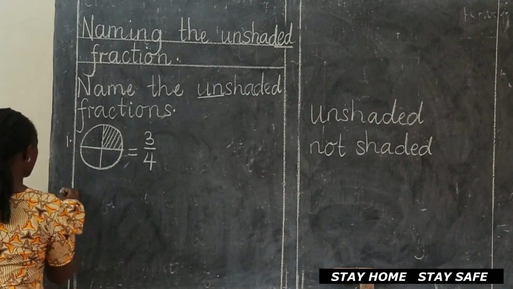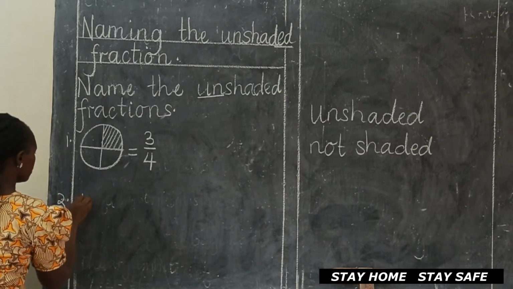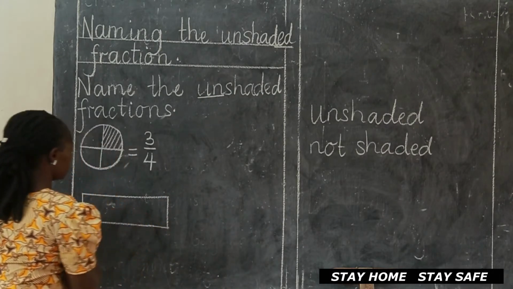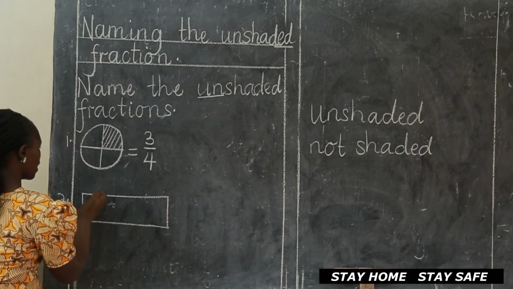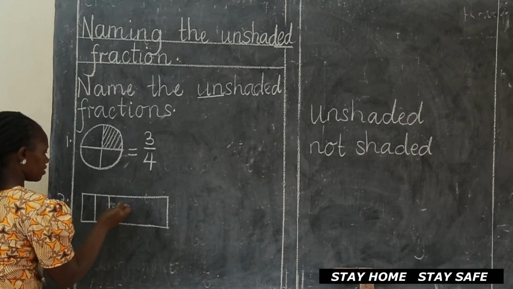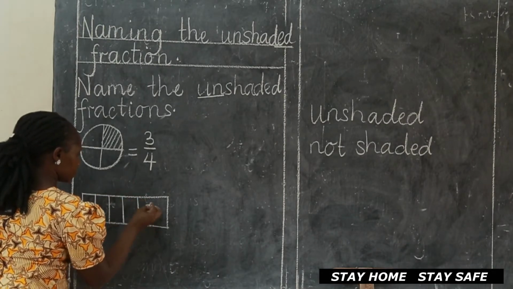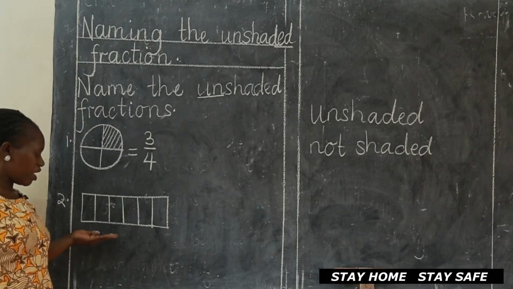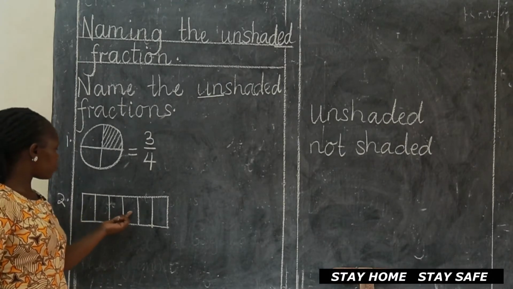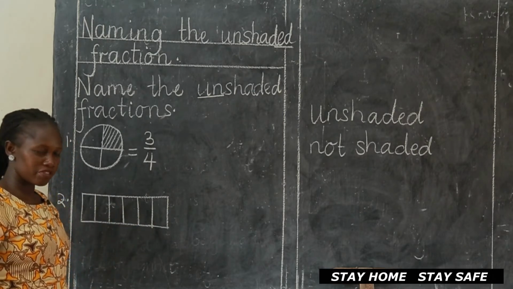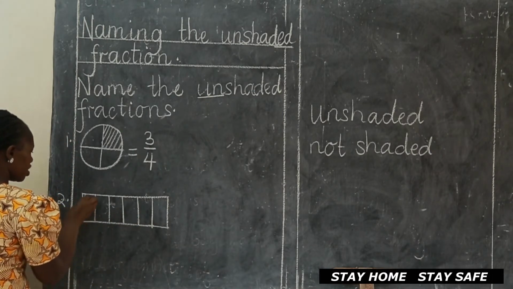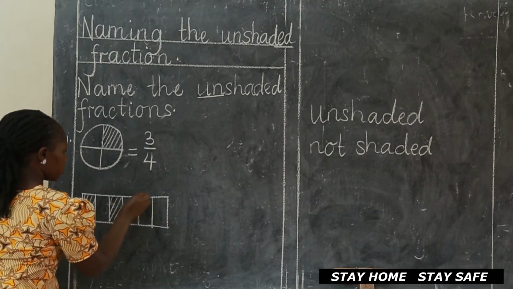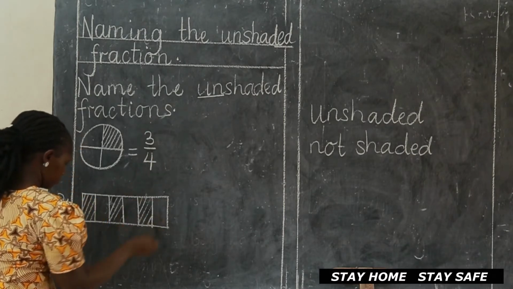Let me give you another example. That's my loaf of bread. It's a whole. I'm now slicing it. How many parts have I made? 1, 2, 3, 4, 5, 6. I have 6 slices. Now I'm shading that one. I'm shading another part and another one.